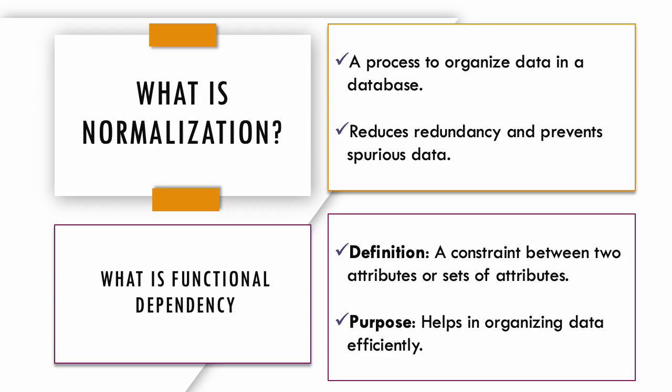So the purpose of the functional dependency is to help in organizing data efficiently, because it tells you how different pieces of data are related to each other. This knowledge will help guide you when you are normalizing a database. So these two, normalization and functional dependency, are connected to each other.